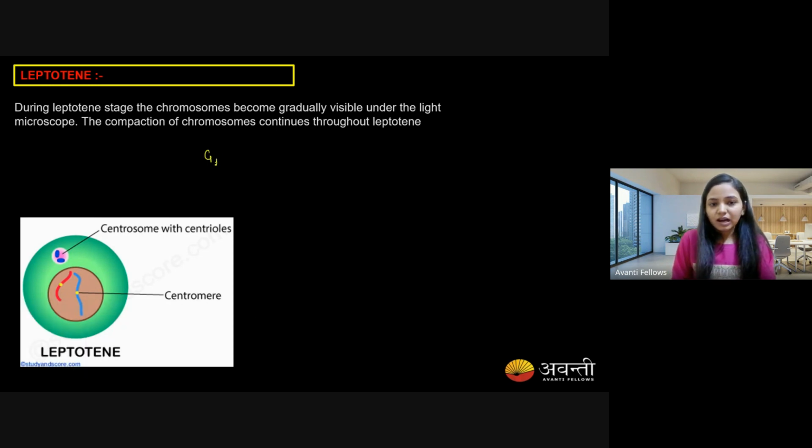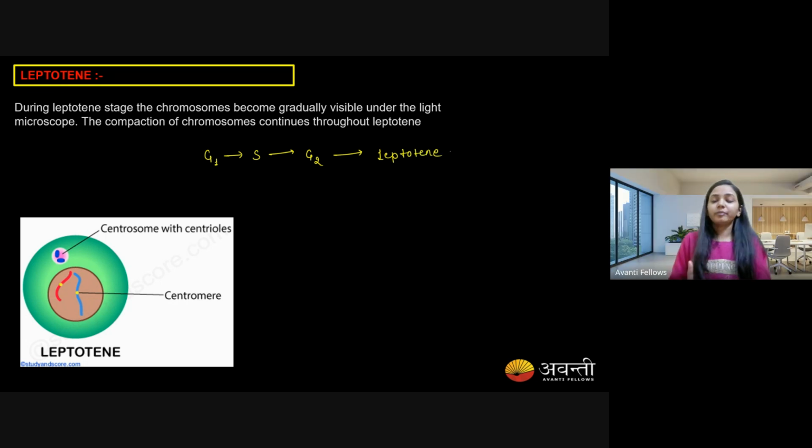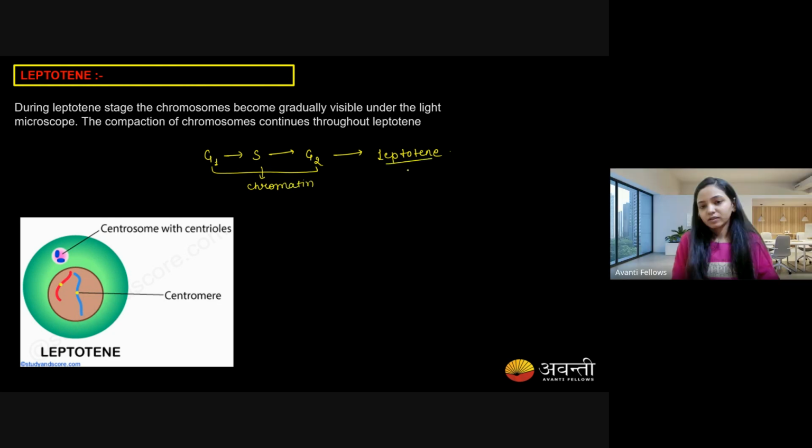The cell starts with G1 phase, then S phase, then G2 phase, and then it will enter into M phase, leptotene. So from G1 to G2 phase, genetic material is in which form? Chromatin.